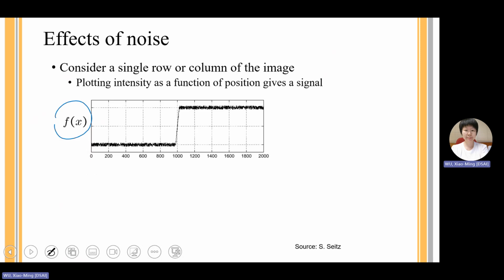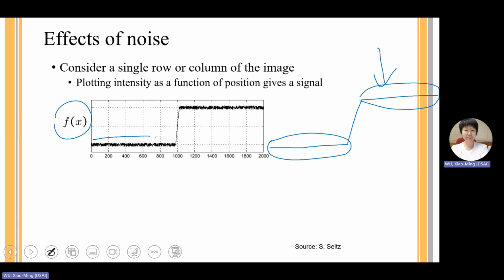When the image is clean, we have f(x) like this. The pixel intensities are very smooth.